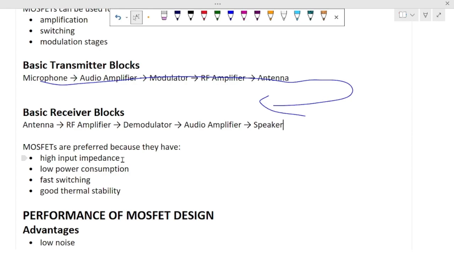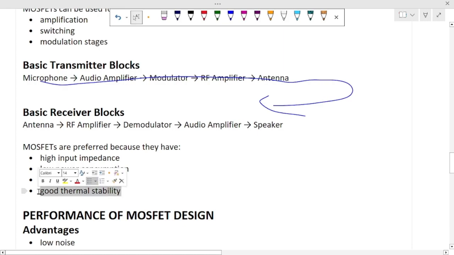They consume low power, they switch really fast, and they have good thermal stability. They don't get so hot. So that's some of their properties.